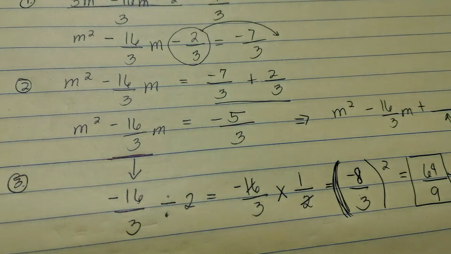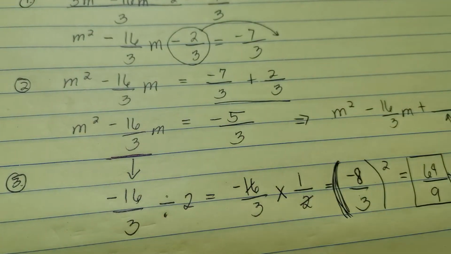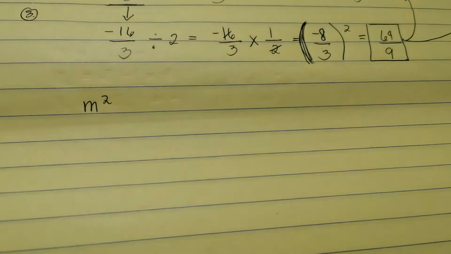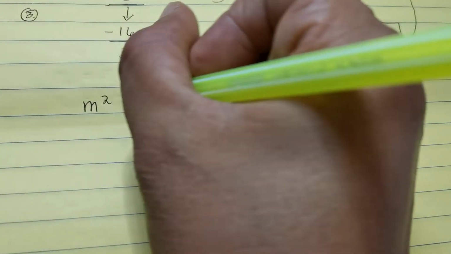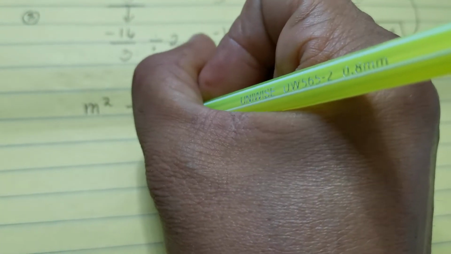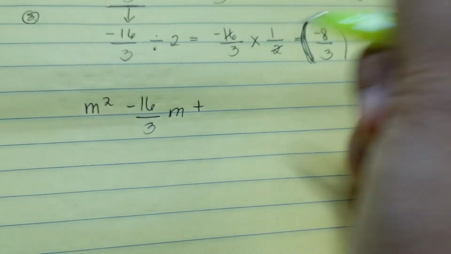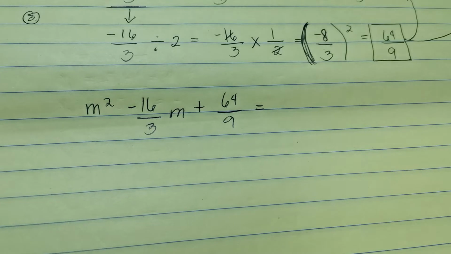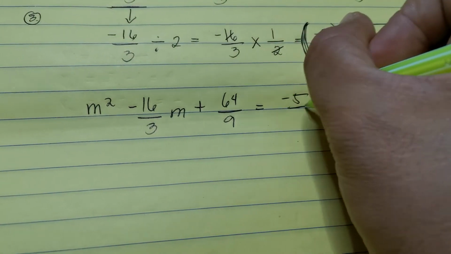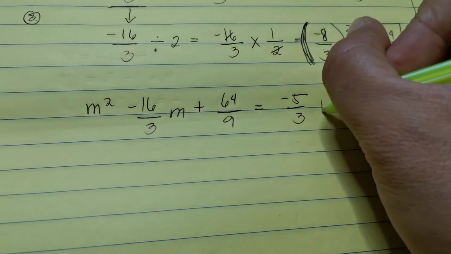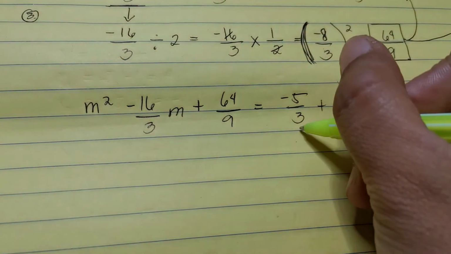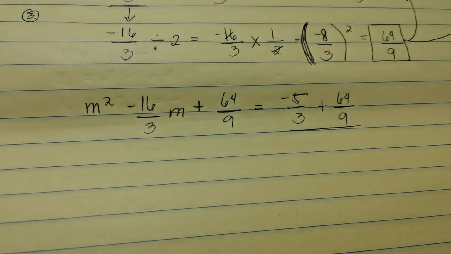Let us proceed. We are still in step number 3. We have m squared minus 16 over 3m plus what? Yes, 64 over 9 equals negative 5 over 3 plus 64 over 9. Again, we are going to simplify the right side first before proceeding.